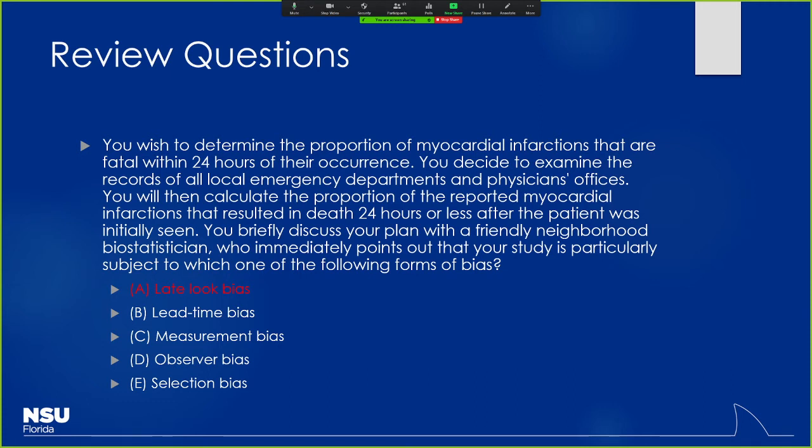So you could be missing people who died within that 24-hour period, or people who developed a subclinical MI and just lived past that 24 hours. That's the reason you'd consider it a late look bias, particularly with the people who died early before they were even seen. So you have a skewed bit of information because that bias was introduced there, right?